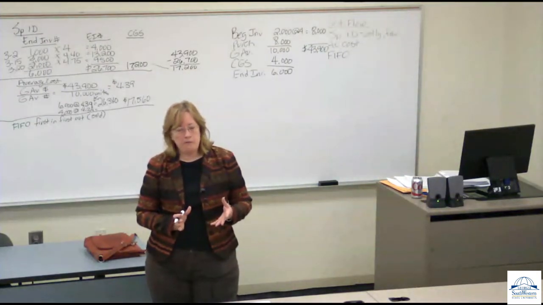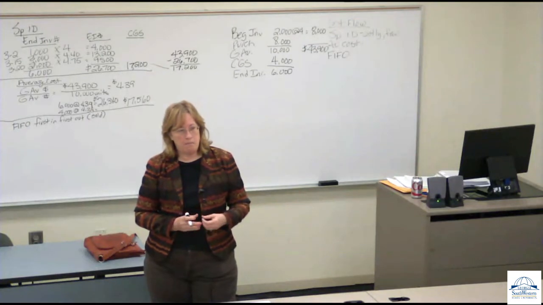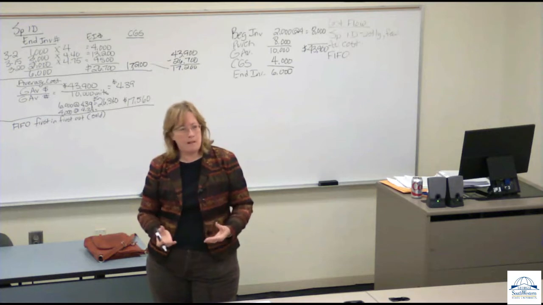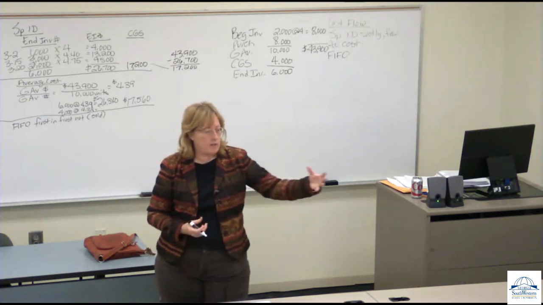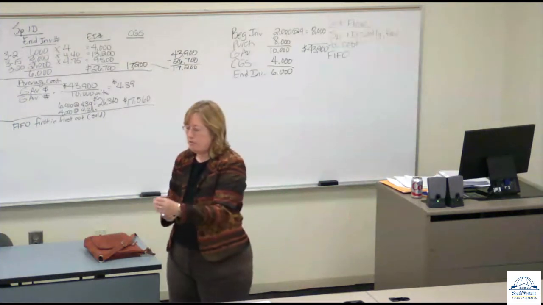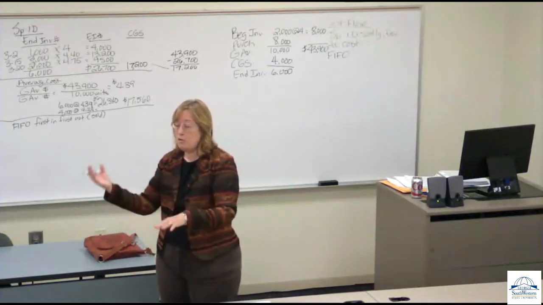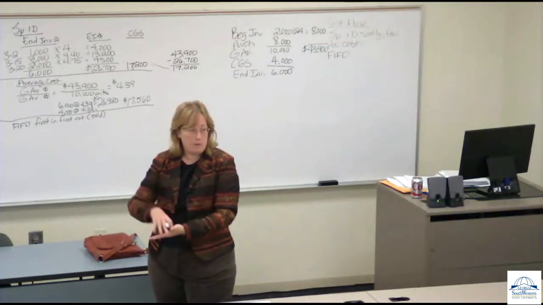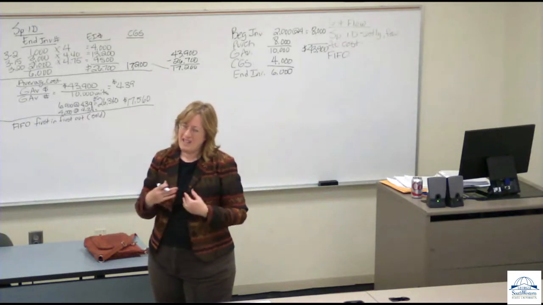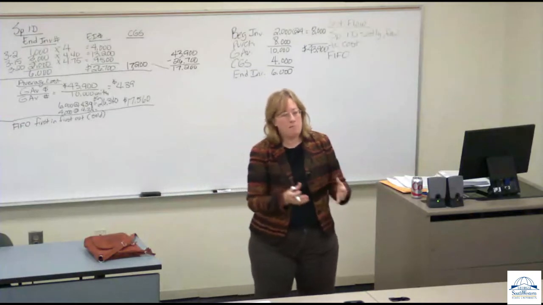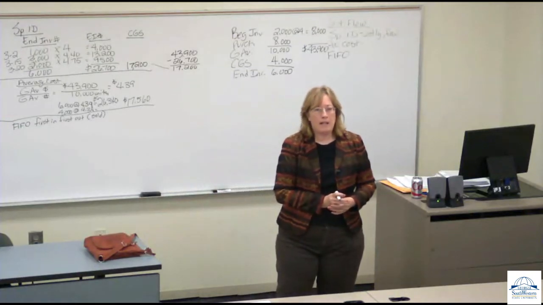Okay. So in FIFO, the first ones in are the first ones out. That makes perfect sense to me, that the flow of the goods might be something like that. The first ones that came in are the first ones that are going to get sold, and the most recent purchases are going to be the ones in ending inventory. That kind of makes sense to me, although it's not like the grocery store example. Think about it like this.